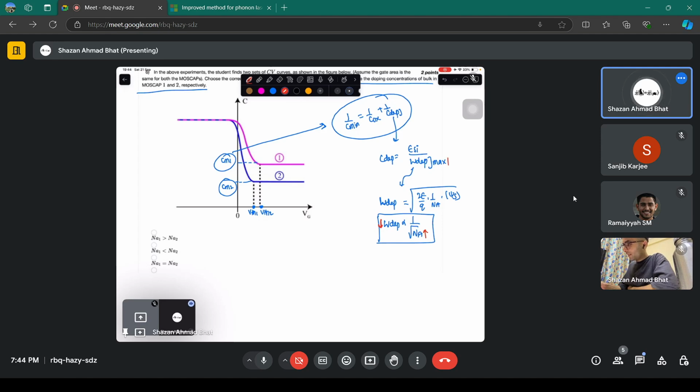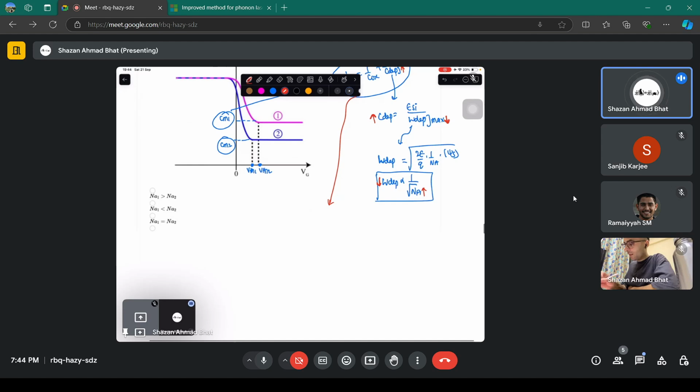That means you lower the depletion width, you increase the depletion capacitance. You can write this in a good manner.